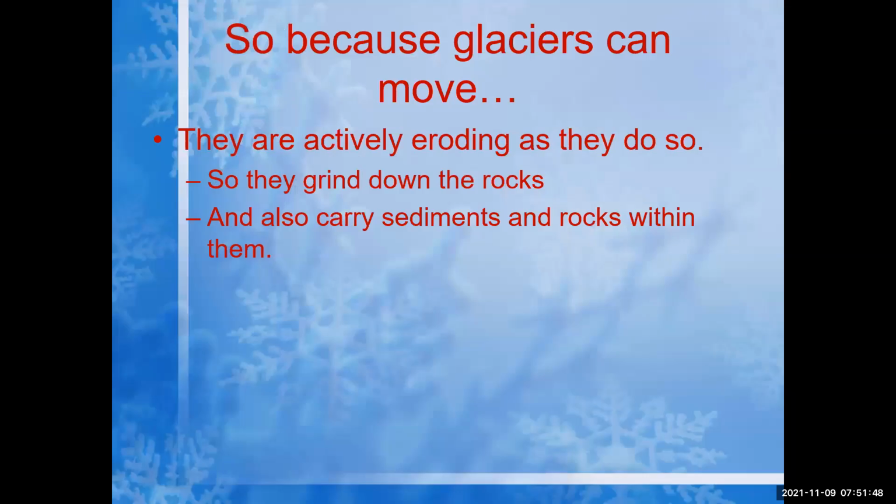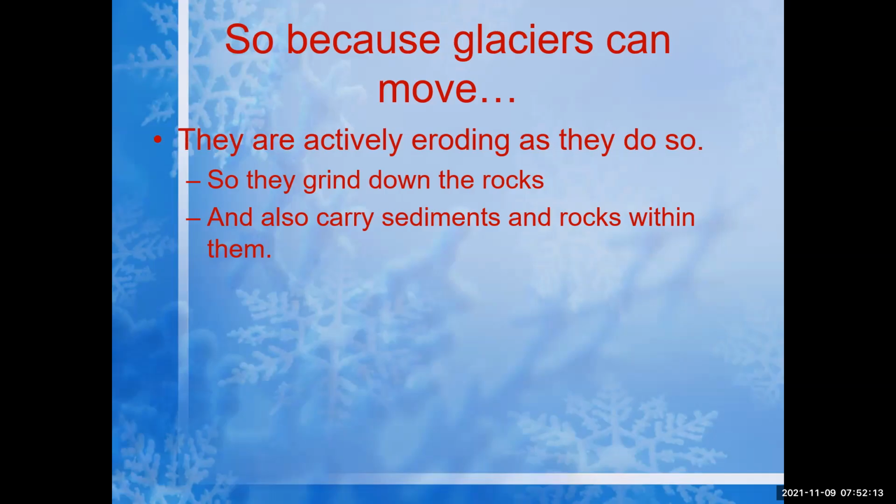And this ice is really capable of shaping its environment, both through processes of erosion and deposition. So because these massive amounts of ice can move, they're actively eroding as they do so.